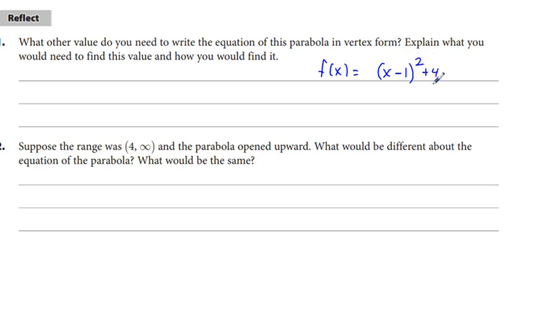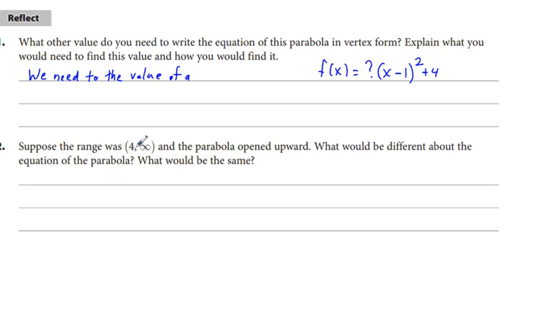So we know that much, but we don't know yet what a is. So we need to know the value of a. And once we have the value of a, we can just fill in a for this question mark.